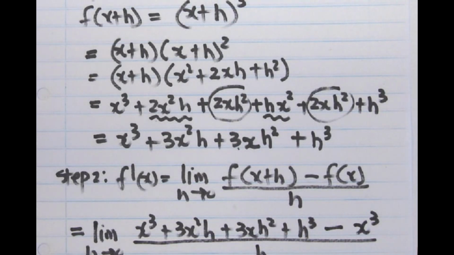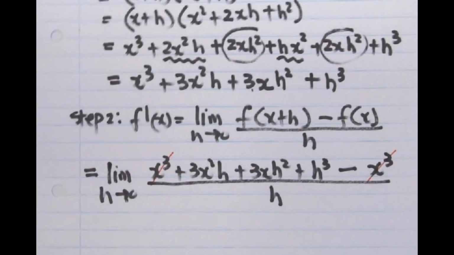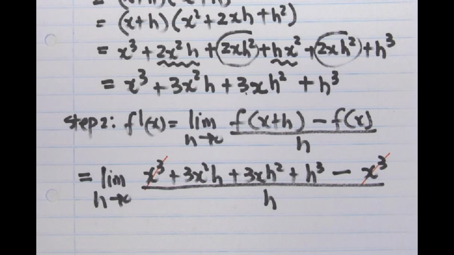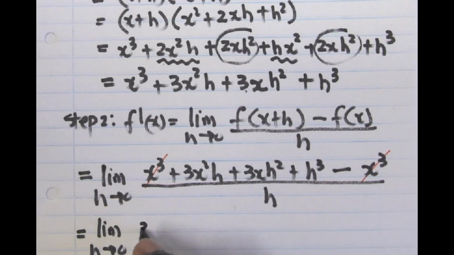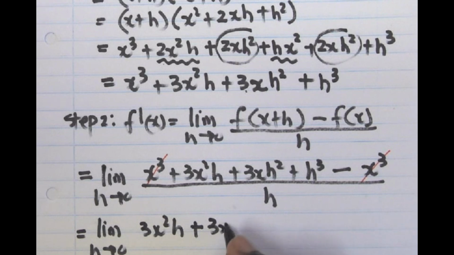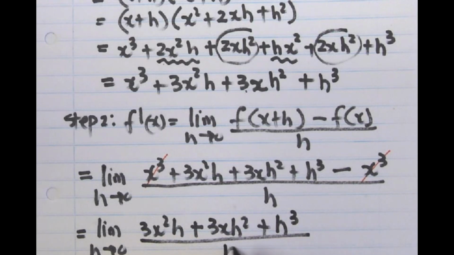And when I look at my work here, I can see this part is going to cancel out with that part. Then I continue, I write down what I'm left with. Limit as h approaches 0 of what? 3x squared h plus 3xh squared plus h to the power of 3, everything over h.